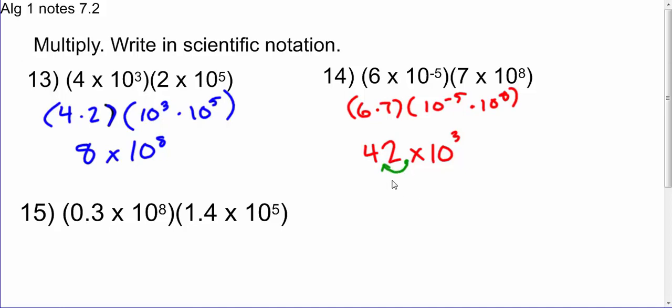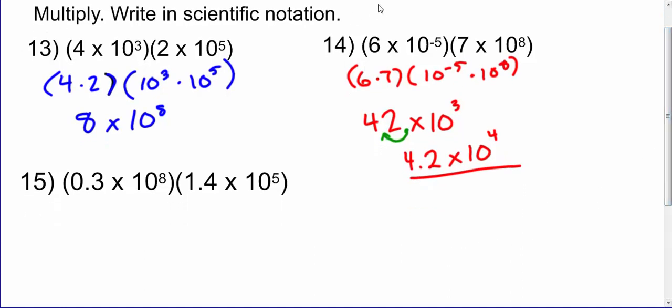I need to make that 42 4.2. And here's the way I think about this adjustment. If I make this number smaller, I better make this number bigger. So 42 times 10 to the third is exactly the same as 4.2 times 10 to the fourth. Okay, again, you have to make sure that a value is between 1 and 9.